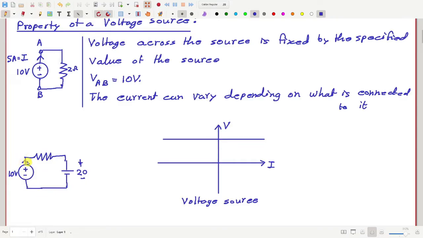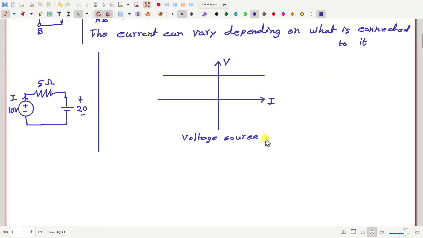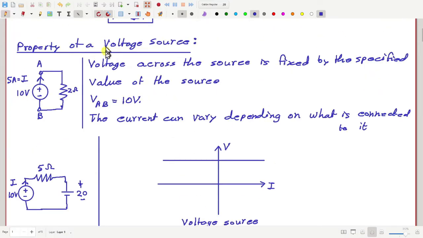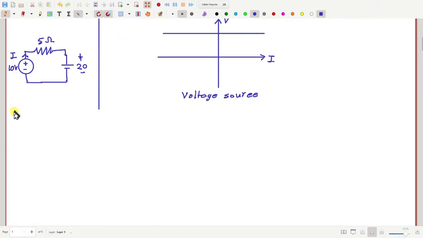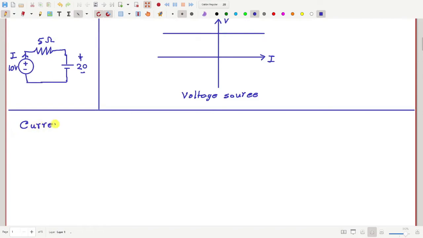I mean the current I will be negative. Okay. So current can also be negative, but voltage is always constant. Okay. So therefore this type of sources are called voltage source because voltage is fixed but current is not fixed. Now, as you may guess, there is also something called a current source.